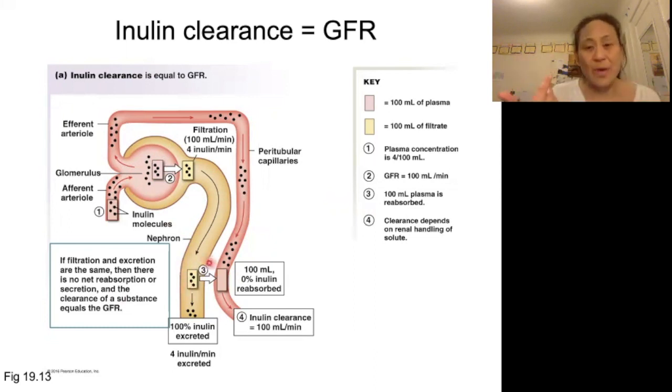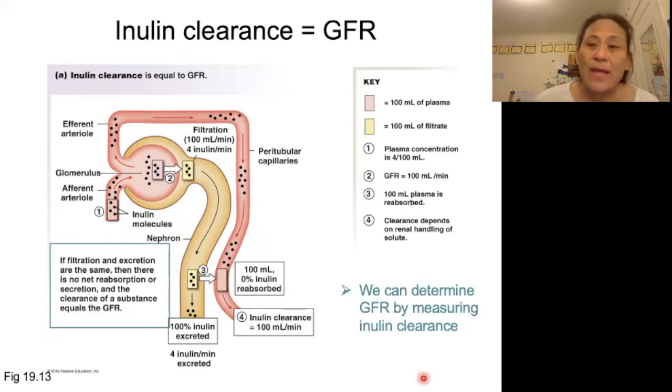So that's the rate that it's going to be cleared at, right? Here we had 100 milliliters per minute filtering. All of that gets cleared, and all of that inulin gets excreted. Therefore, our inulin clearance of 100 milliliters per minute is going to be equal to the GFR. Okay.